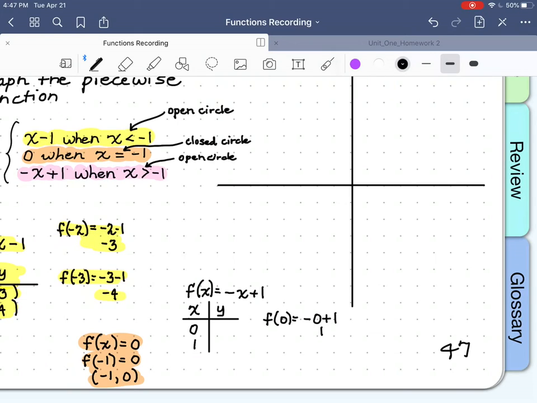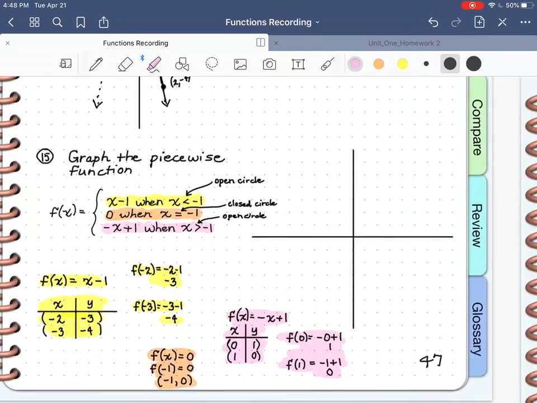So that's just going to give you a positive 1. And then when your x is a 1, you would have a negative 1 plus 1, which would give you a 0. And there again, I have created some points for my graph using the third piece of this function.